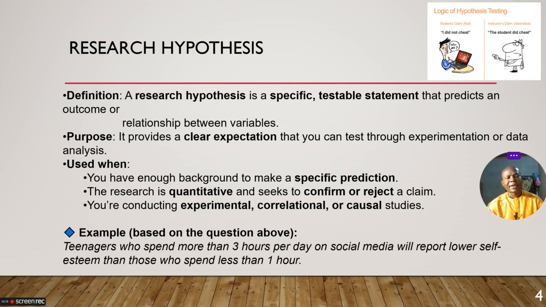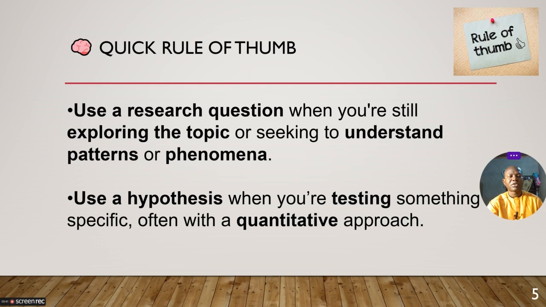He made a claim based on his foreknowledge, observation, and experience, and he wants to test that. Then he will have to come up with a hypothesis. It simply means he has made some level of advancement in that particular line of research. So it becomes necessary to make a certain claim, and then you want to test it out.